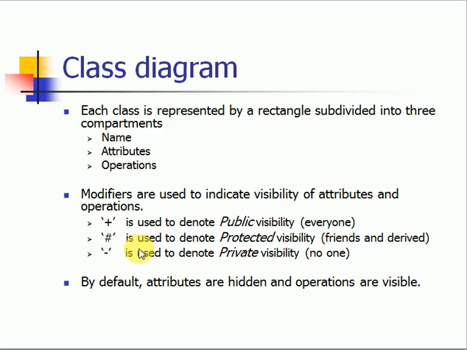The hash symbol denotes protected visibility, visible only to specified ones, like friends and derived classes. The hyphen symbol denotes private visibility, which no one else can access. By default, the attributes are hidden and operations are visible.